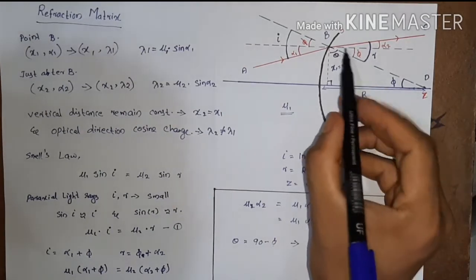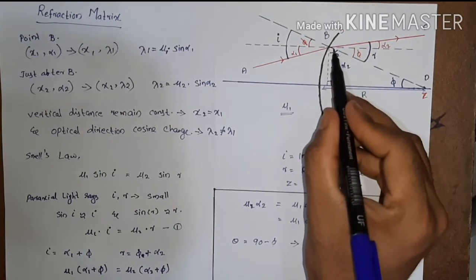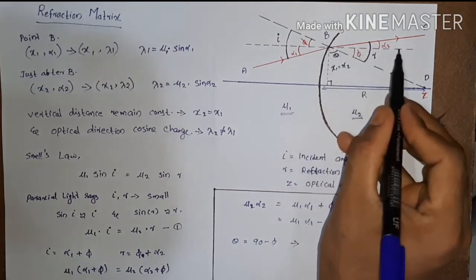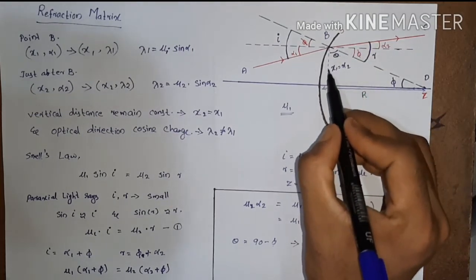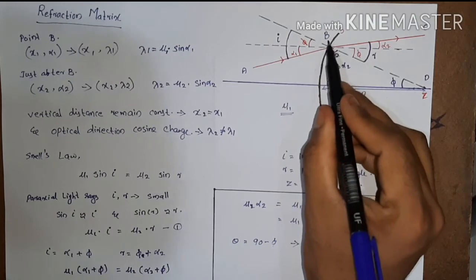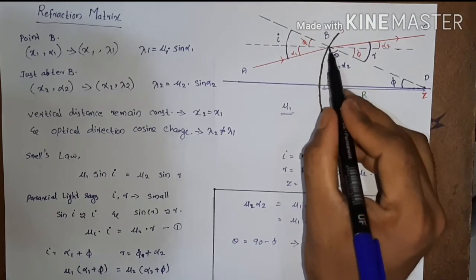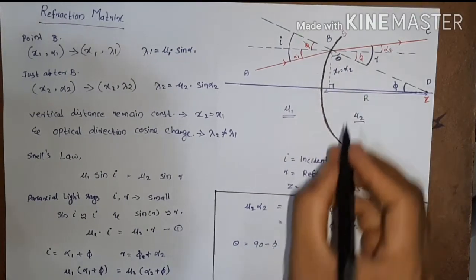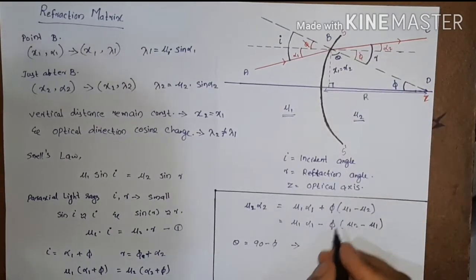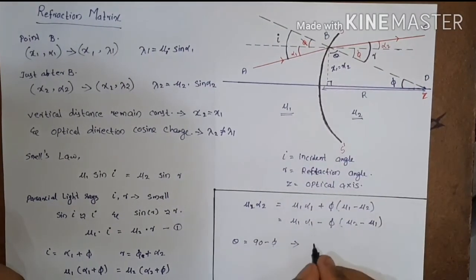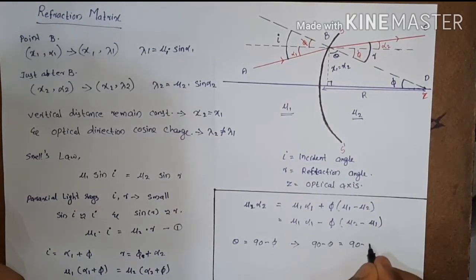Now again, since this is the optical axis and this is a perpendicular drawn from point B, this is a right angle. So this angle phi is equal to 90 minus theta, which is 90 minus, 90 minus phi, which equals 90 minus 90 plus phi, that is phi itself.